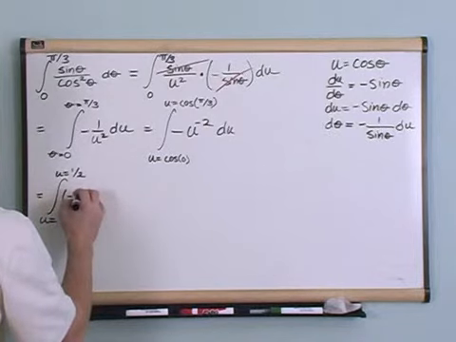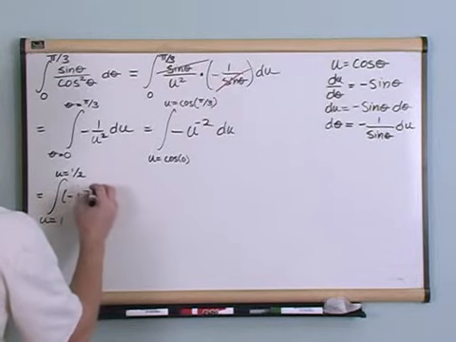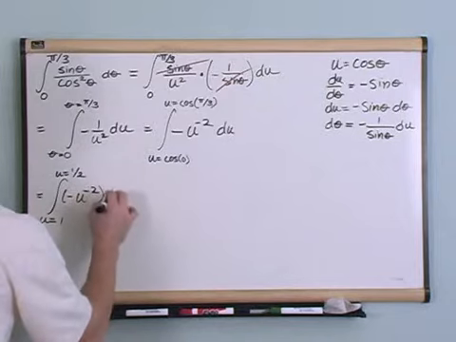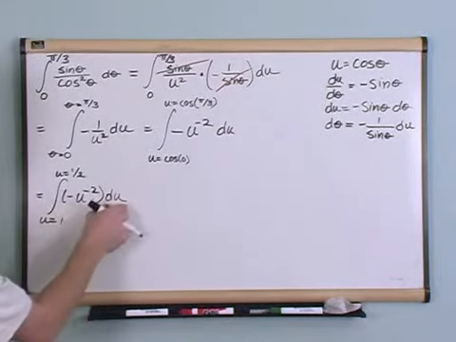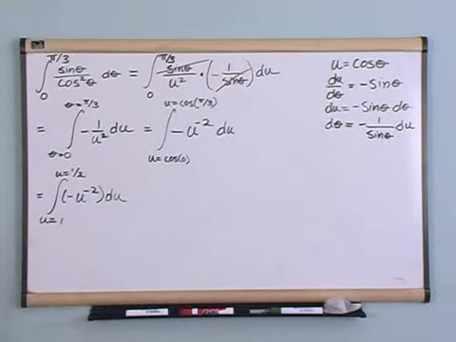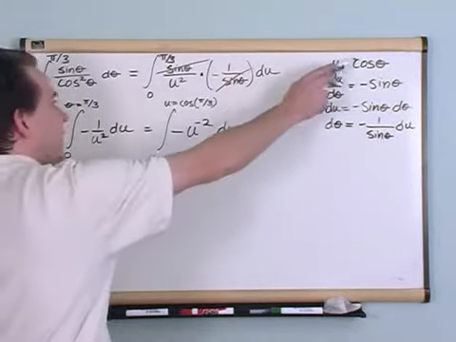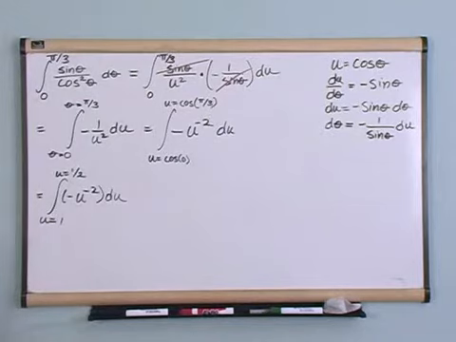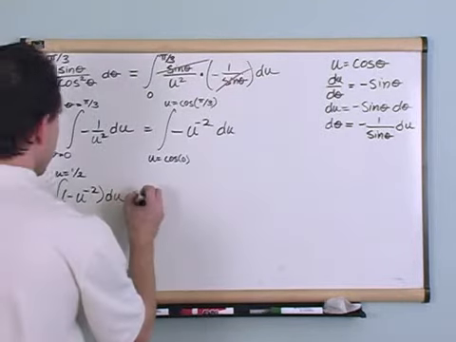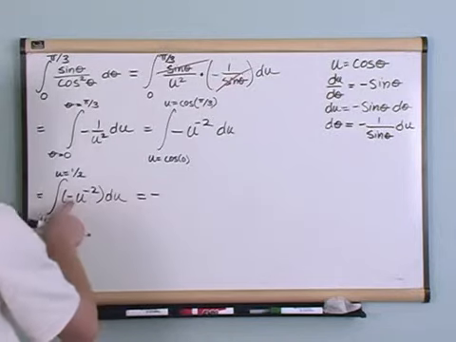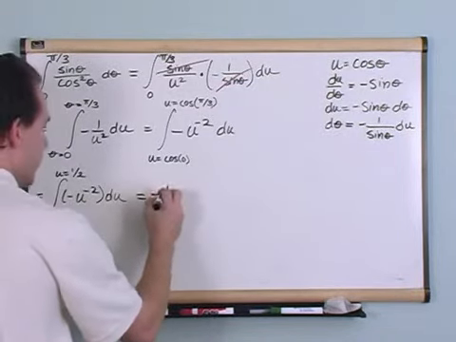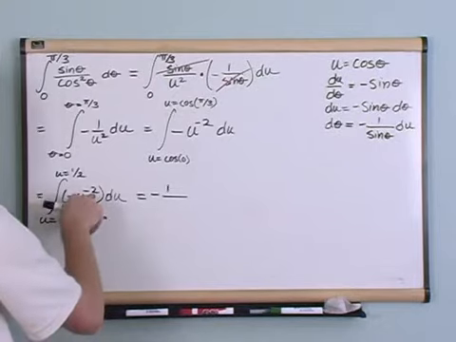negative u to the negative 2 du. Now this is perfect. I've got an integral in terms of u, du, and my limits of integration are also in terms of u. And all I did was use this definition that I made to make that happen. So when you actually integrate this, what you'll have is negative, because you've got a negative sign, 1 over the exponent plus 1.